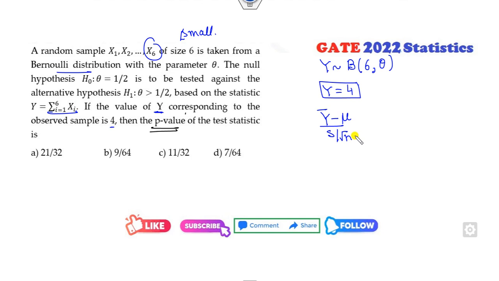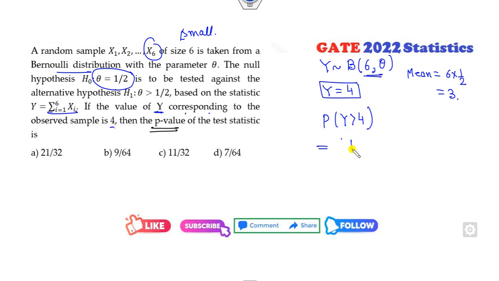S by root n. What is the mu? It is half, so the binomial mean is 6 into half, that is 3. Your target is to find the observed value. Sample mean is here, so you can apply the binomial distribution, and that's over.